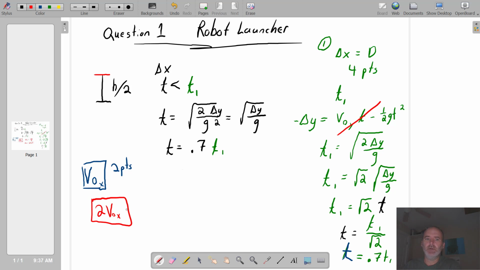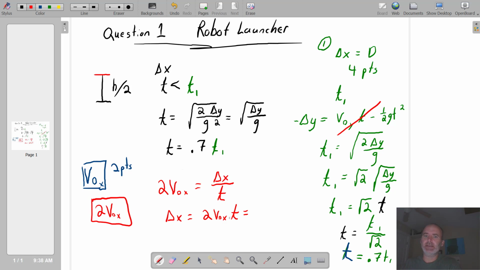Well, again, now my velocity is 2 v0x, and velocity is displacement over time. I'm really looking for this delta x, so let's rearrange this in terms of delta x. So I get 2 v0x times t.